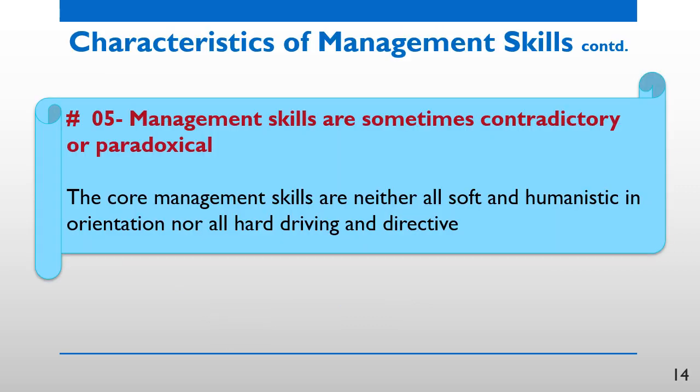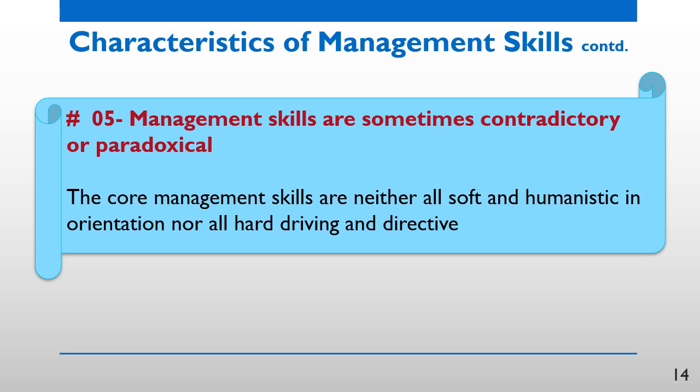Now we are going to look at the fifth characteristic of management skills. So, the fifth characteristic of management skills is that management skills are sometimes contradictory or paradoxical. Management skills are sometimes contradictory or contrasting to each other.